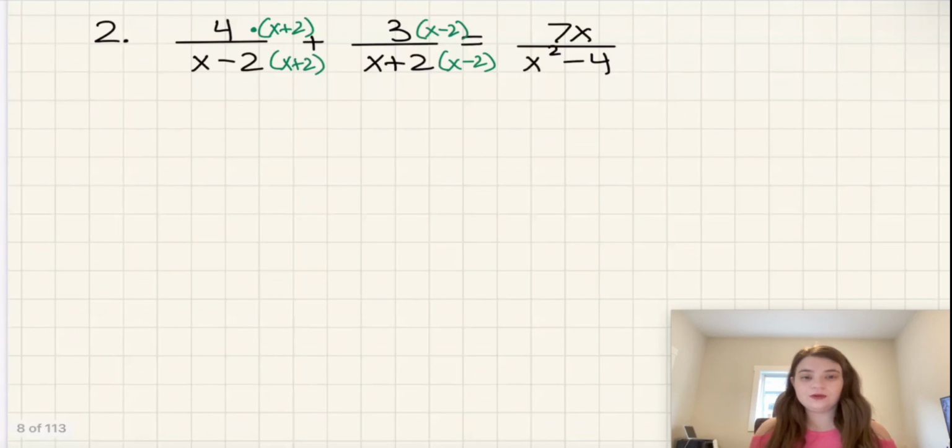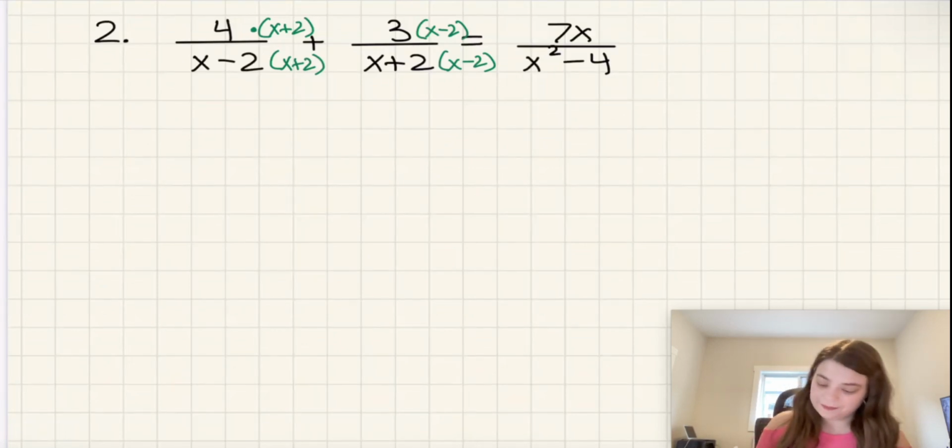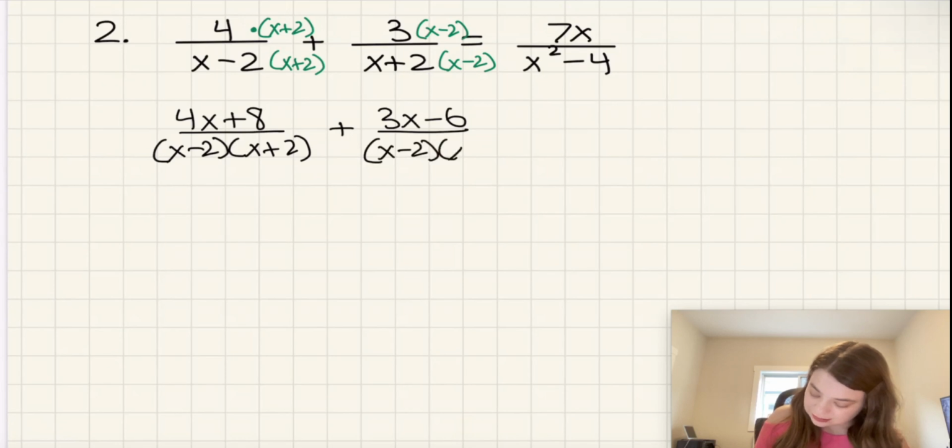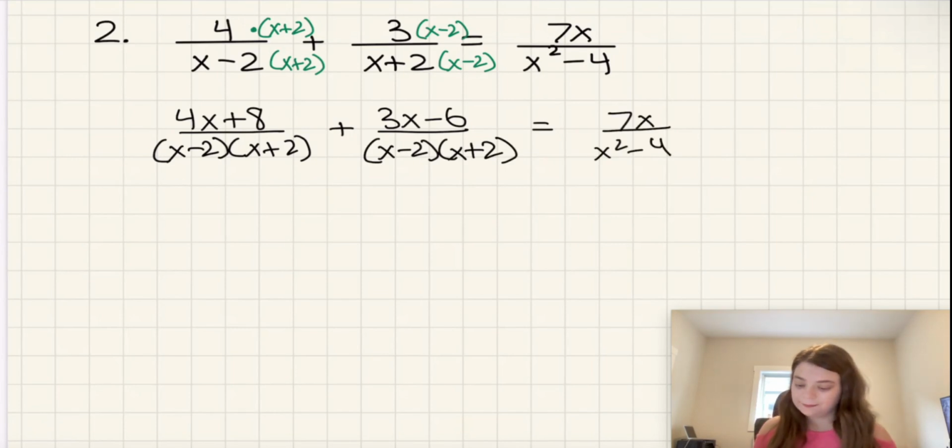Then I'm going to use the distributive property to simplify this a bit further. So we're going to get 4x plus 8 over x minus 2 times x plus 2, plus 3x minus 6 over x minus 2 times x plus 2. And this is equal to 7x over x squared minus 4.